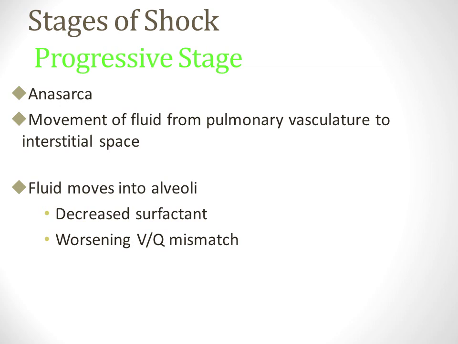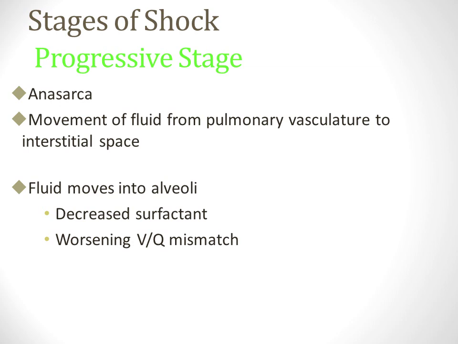So in the progressive stage of shock, things are getting really bad. The person has general anasarca because we have fluid leaking into the interstitial space. And the fluid leakage affects the solid organs and the peripheral tissues.